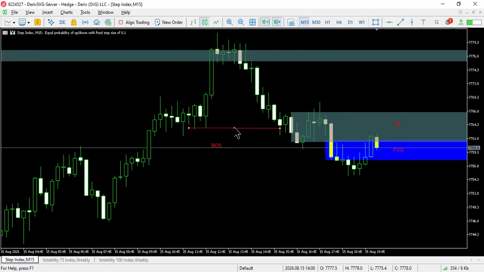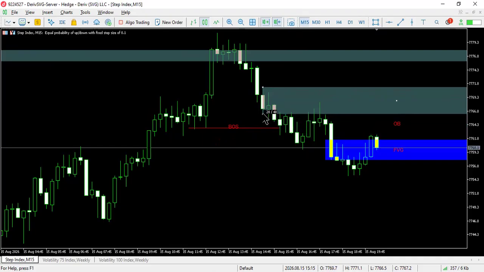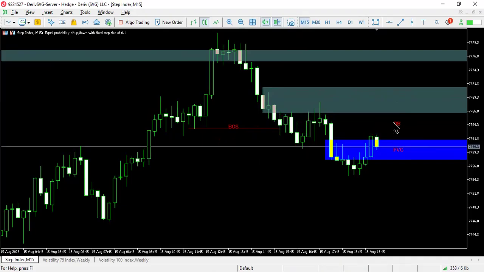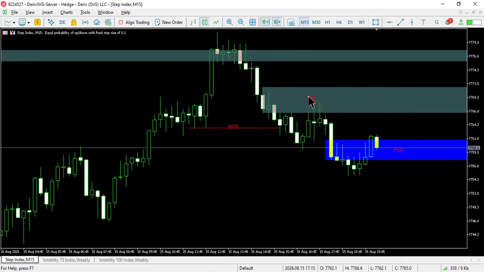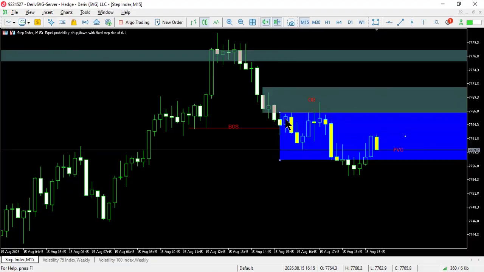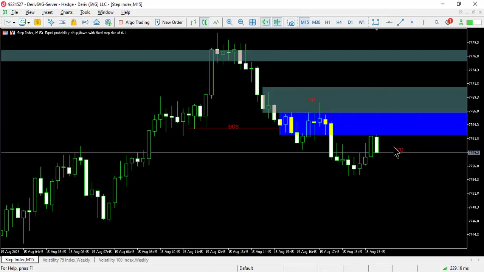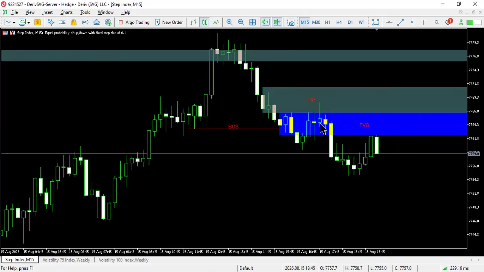So our break of structure will be right there. And then our order block from the M15 will be at that order block. And then our FVG will be right there where price has just stepped in, and we are forming a 2 is our top.